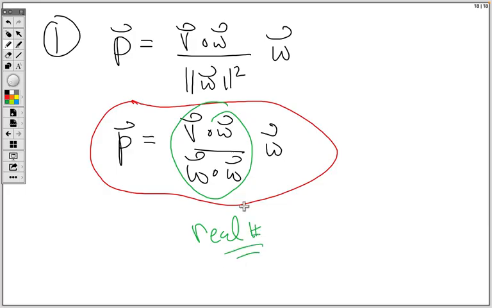This is giving us a fraction of how much of V is in W's direction, or how much of V there is compared to W, and then we're multiplying that by the vector W. So this is really calculating how many W's the projection P is. P is this fraction of W's.